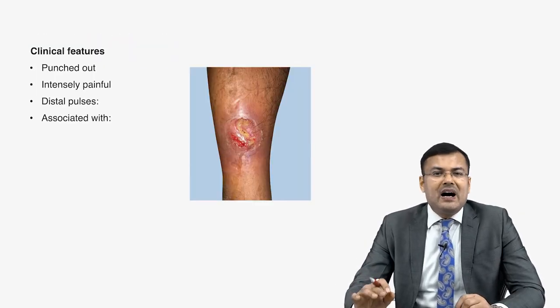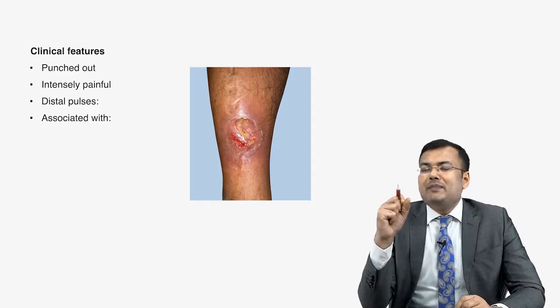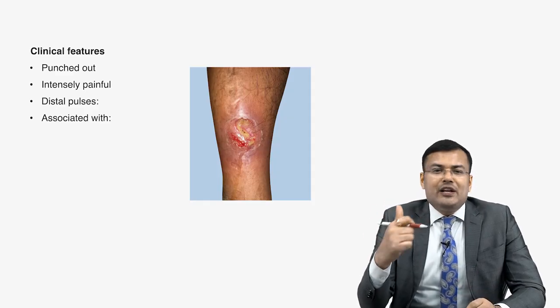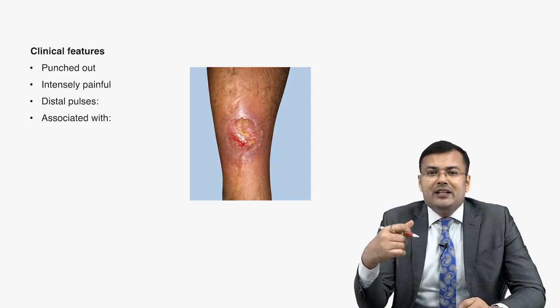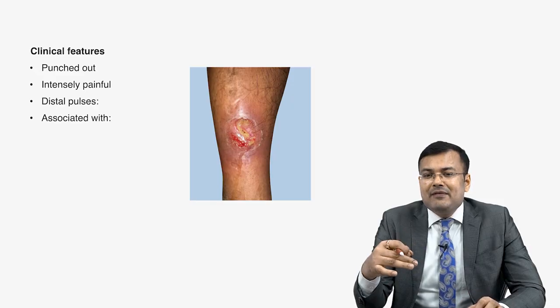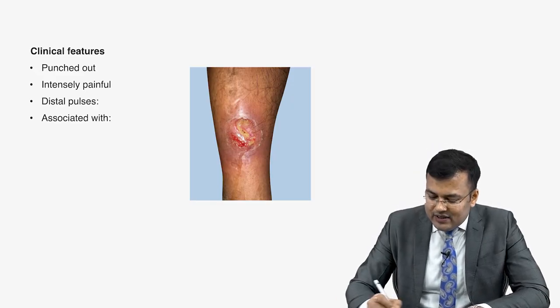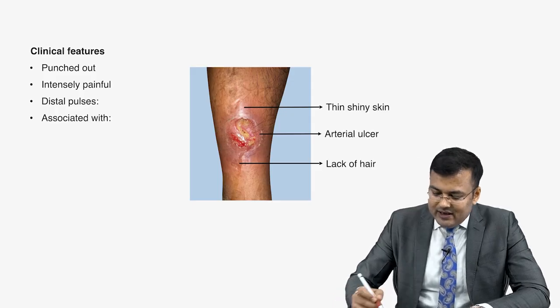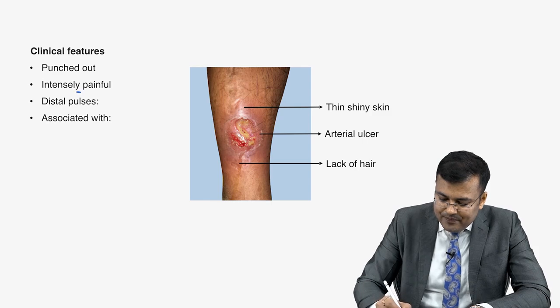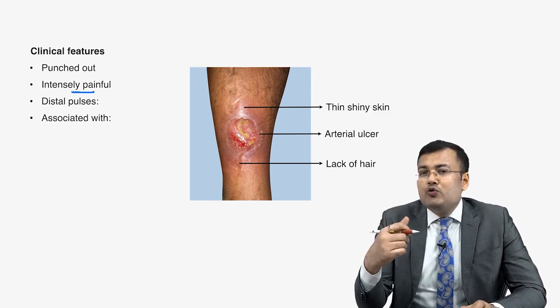What is the cause? Arterial occlusion. And you know one of the basic principles, whenever there is arterial occlusion, there is ischemia. And because of this ischemia, tell me, is it painful or painless? Intensely painful. So in arterial ulcers, you can notice that it's punched out. It's intensely painful. Since there is arterial occlusion, what happens?